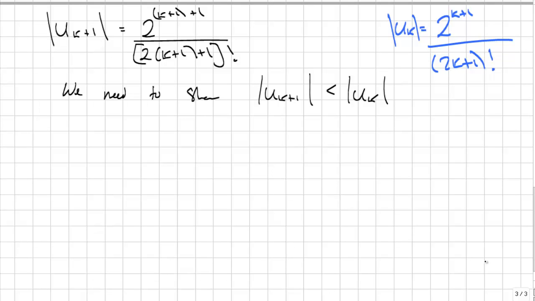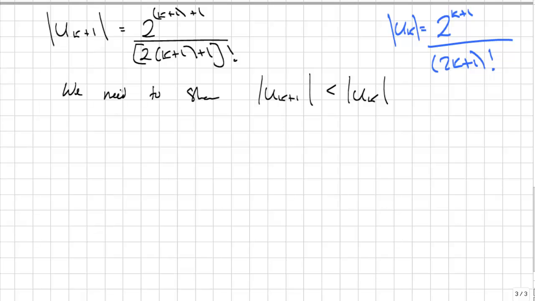We now need to show that the absolute value of uk plus 1 is less than the absolute value of uk for all k under consideration, which are of course the positive integers. So if we start off, I've written in blue what uk looks like, that's just for reference. If I start off with the absolute value of uk plus 1, I get this expression.